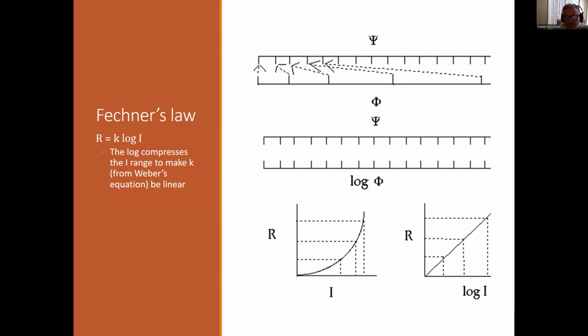But once we take the log of I, we end up essentially recovering Weber's law, and we're going to call this Fechner's law now. It looks a whole lot like Weber's law, except that it has an R instead of a delta I, and that it has the logarithm inserted in there. You have to take the logarithm of I and then multiply it by K, and K would be the same K that tells us the slope of the function. But it's a log linear function here instead of a linear function.